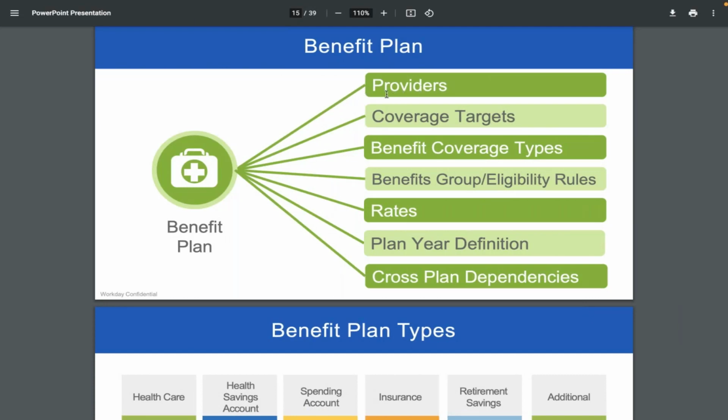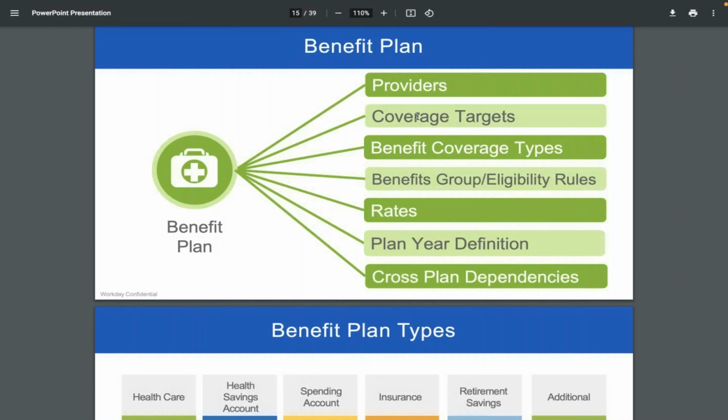They will pay to the providers. The provider assures, yes, I will take care of your employee if the employee feels ill or is not healthy. He may be required to give some proof of documents. So there will be some limit also for providers. So that provider we have to configure first, sir. Who is the provider for this healthcare? Who is the provider for this health savings? So the provider details we have to configure first.